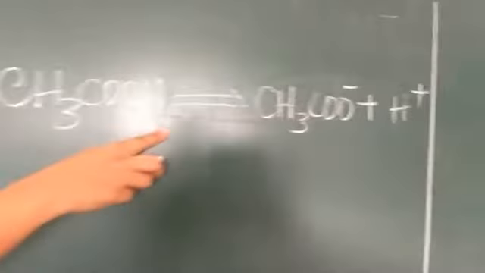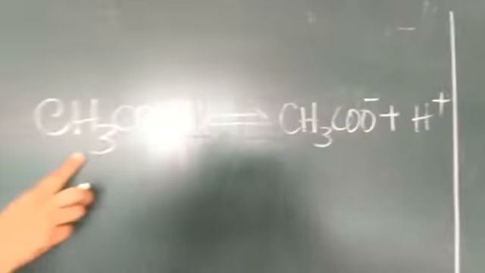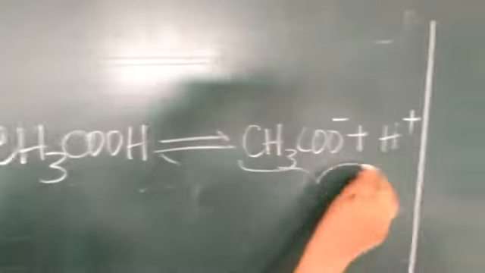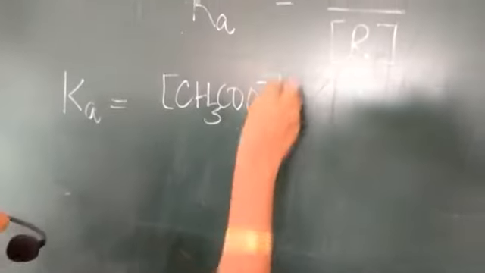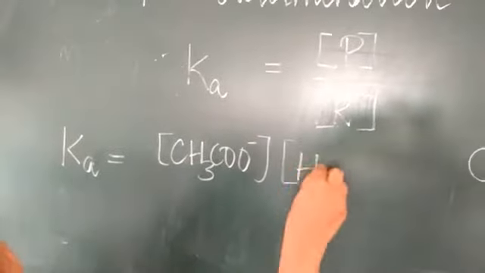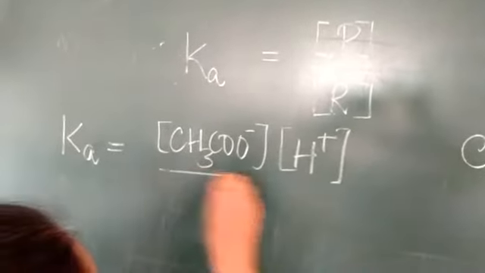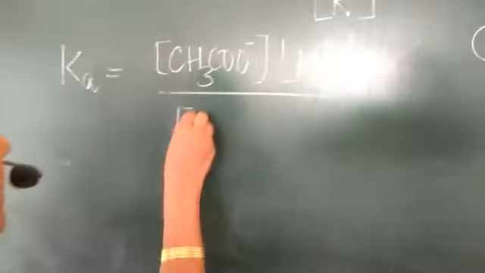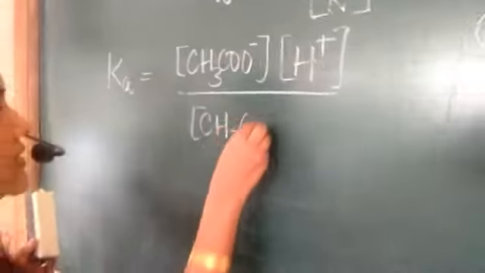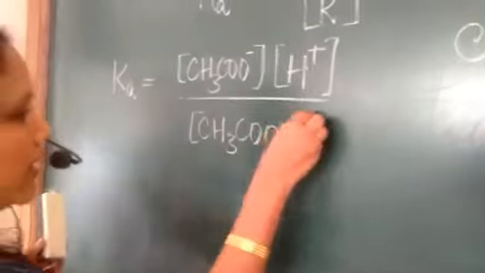From the reaction, I will take the products and the reactants. As you know, these are the products, so I will write the concentration of acetate ions and the concentration of H plus ions divided by the concentration of reactant. This is the reactant, so I will write the concentration of CH3COOH.